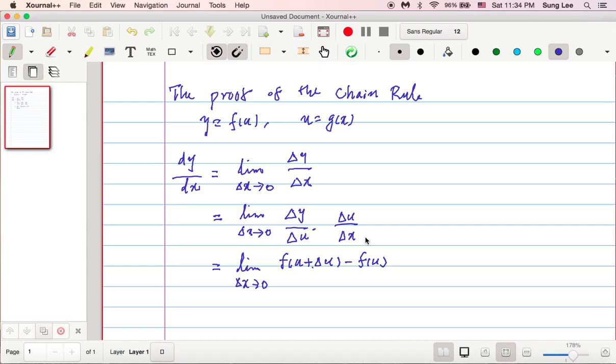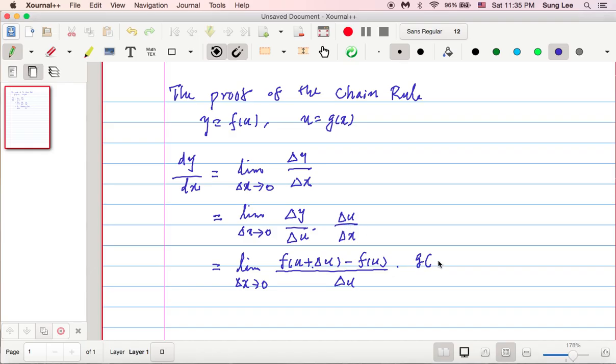So f changes from f of u to f of u plus delta u, right? Over delta u. And delta u, the increment in u when the increment in x is delta x, is given by g.